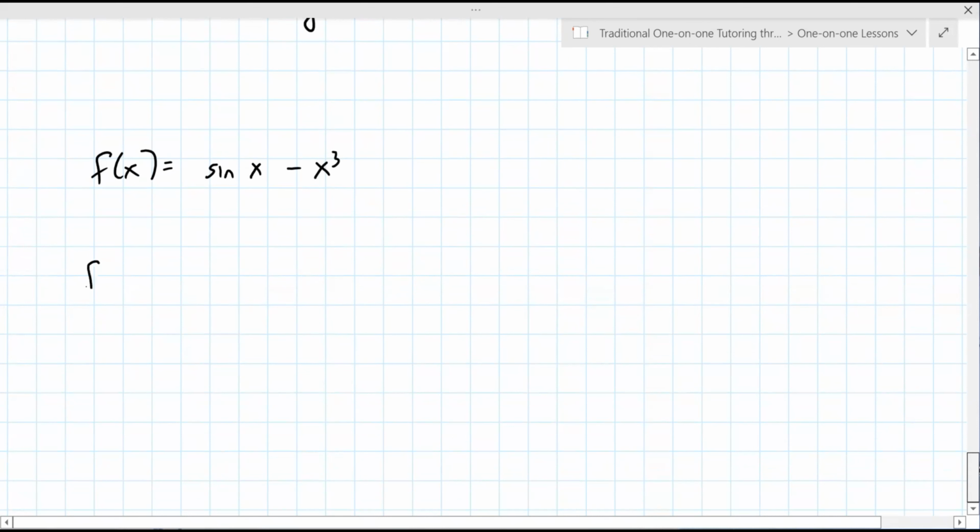Now, if we do the approach that Matthew's been talking about, we put in minus x for x. I'm feeling really good. And then it's like, well, what is sine of minus x? I'm not sure. But over here on the right, you're like, all right, it becomes minus x cubed. That goes with that minus, so it becomes plus x cubed.